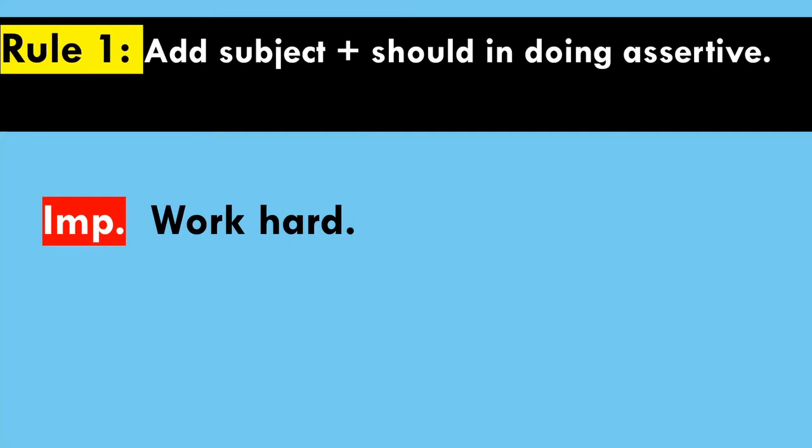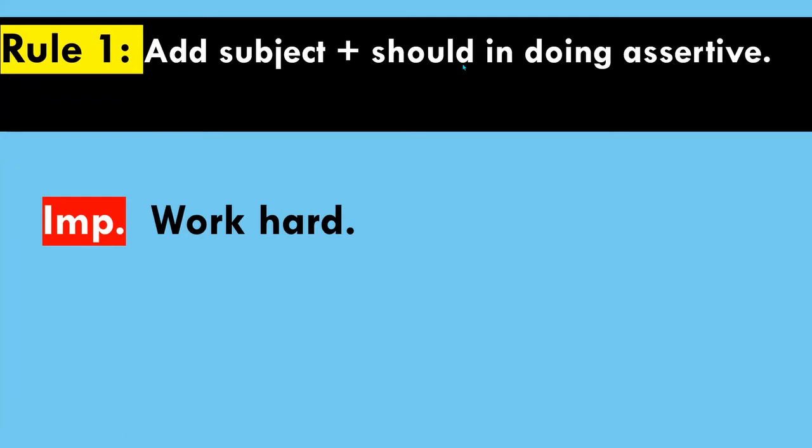So if we want to make it assertive, what we have to keep in mind is that we have to add a subject, because the structure of an assertive sentence is subject plus verb. So here should is the verb, and whatever verb is given in the command for doing something will be used after should.